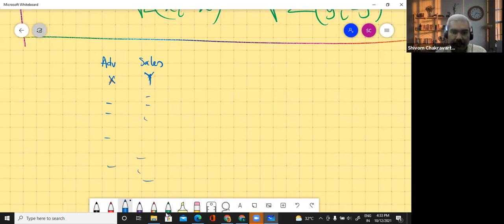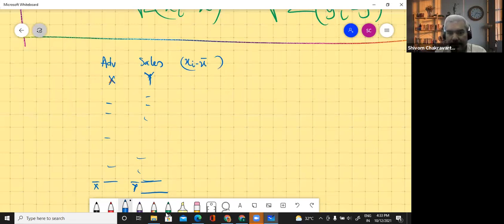Then we calculate the means at the end, x bar and y bar, at the bottom. Then we have one column, xi minus x bar, calculated for each xi.